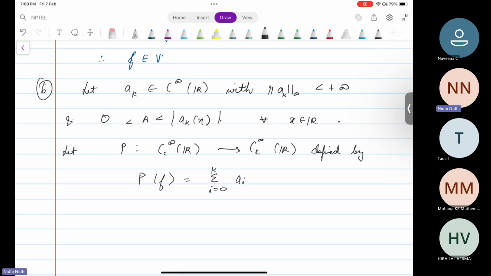Not a linear combination, because the a_i's are not scalars. We are multiplying the i-th derivative with the function a_i.